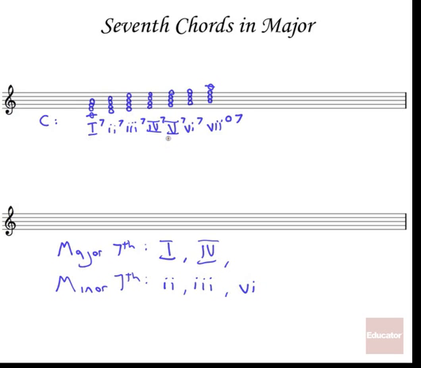And then on the 5th, on the dominant chord, of course, we have a dominant 7th. And I'll add 7s to all these. And finally, we have a diminished 7th on the 7th degree.